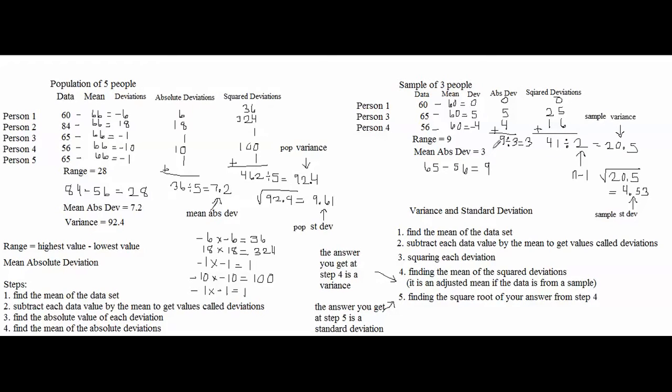And the mean absolute deviation and the standard deviation both have the advantage of showing you the average distance between each number and the mean.